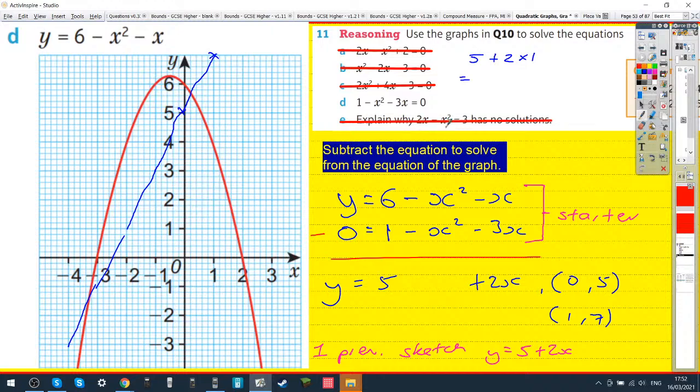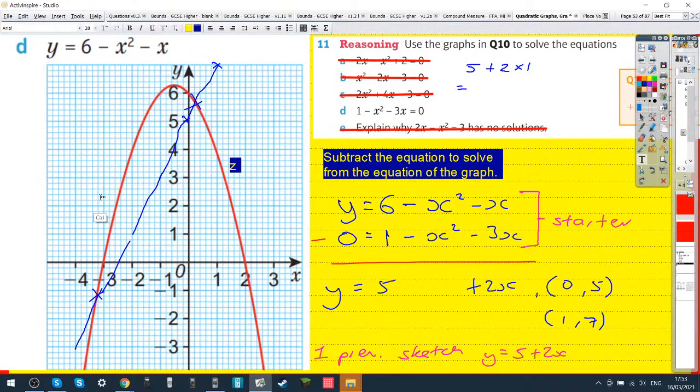And so, what are these solutions? The solution. So the x that is, I think it's minus 3.1.